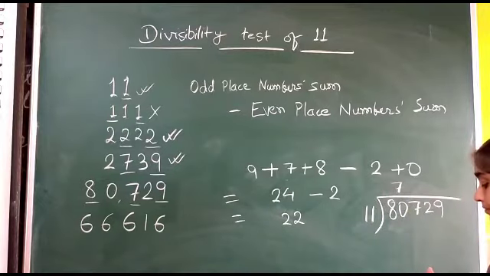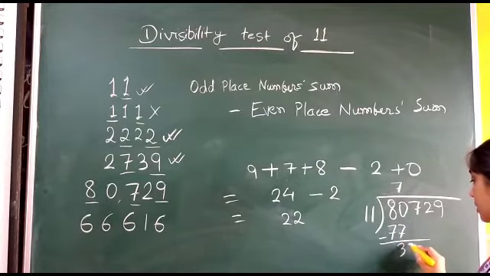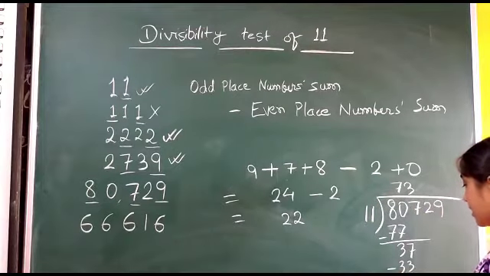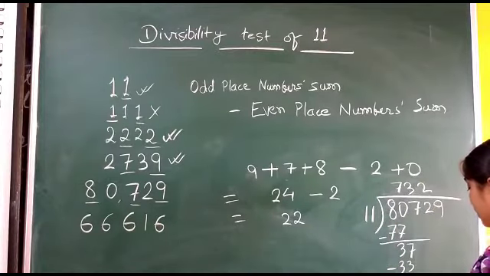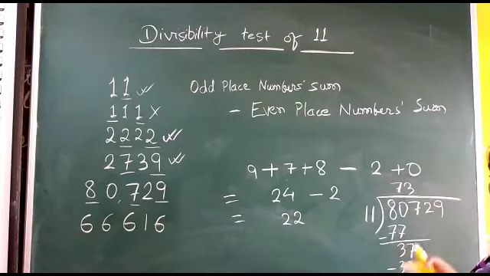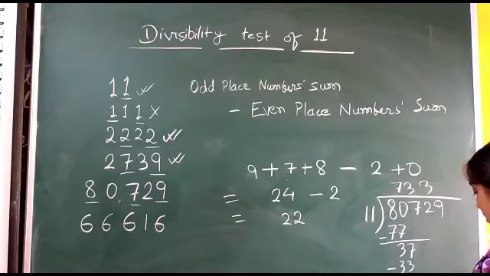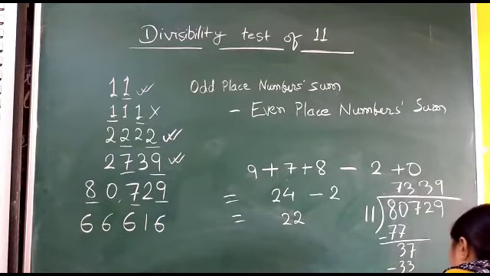11 sevens is 77, minus, 3, 7. 11 threes is 33, minus, 4, 2. 11 twos is 22. 11 threes is 33. 11 nines is 99.